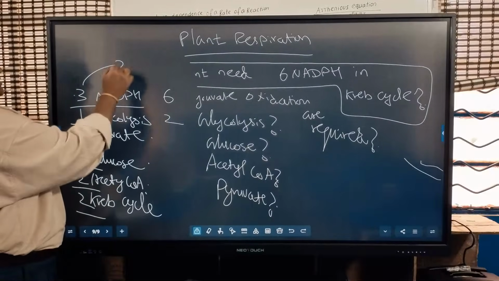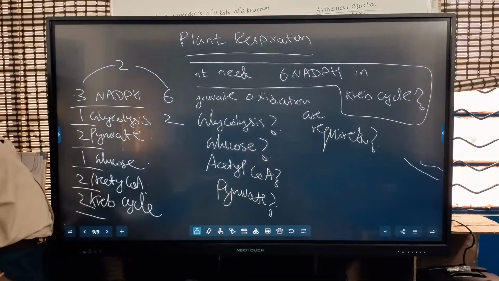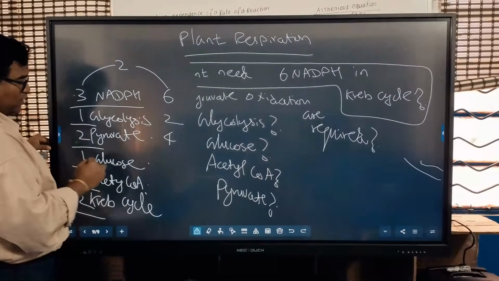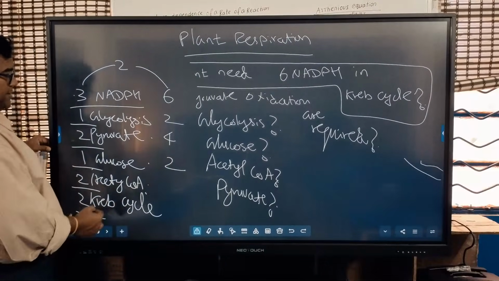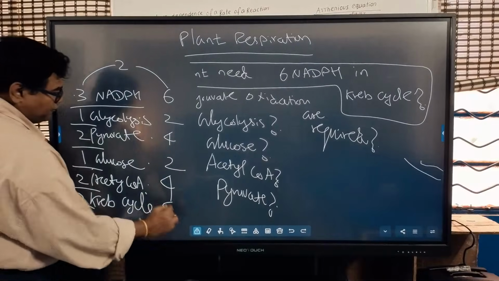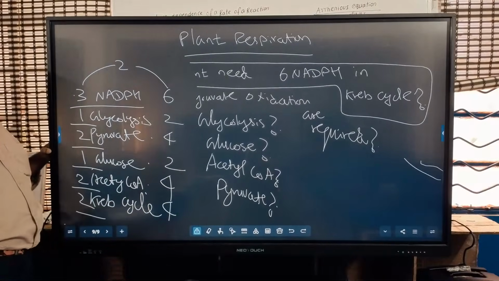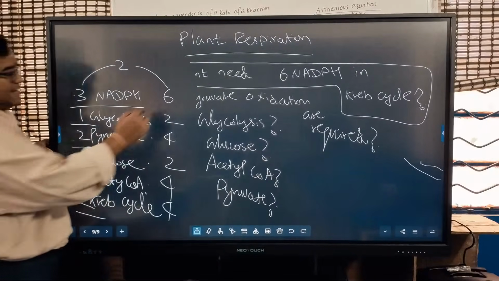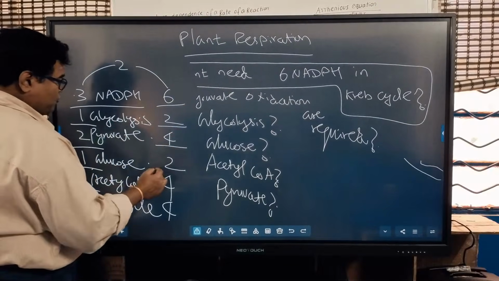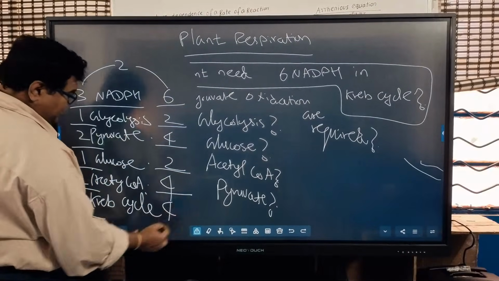For achieving this, I am multiplying by 2. So 1 into 2 is 2, 2 into 2 is 4, 2 into 2 is 4. So for making 6 NADPH, I require 2 glycolysis, 4 pyruvate, 2 glucose, 4 acetyl-CoA, 4 Krebs cycle.